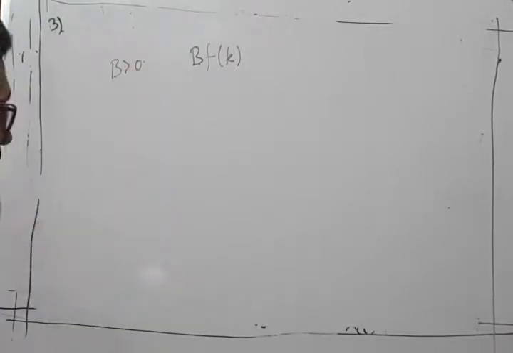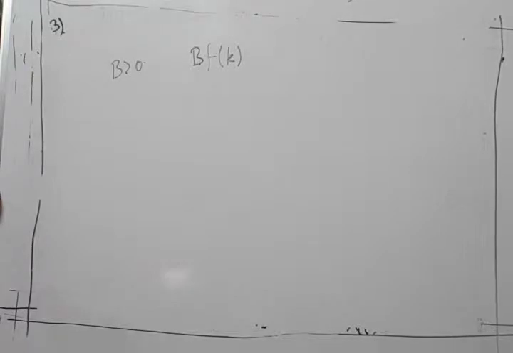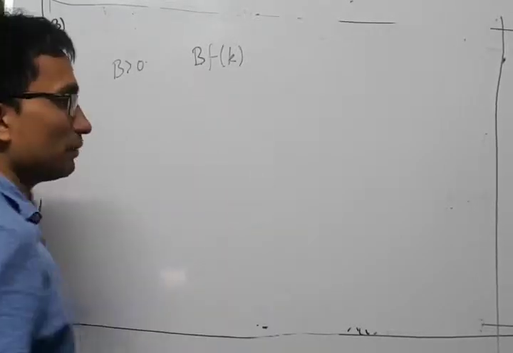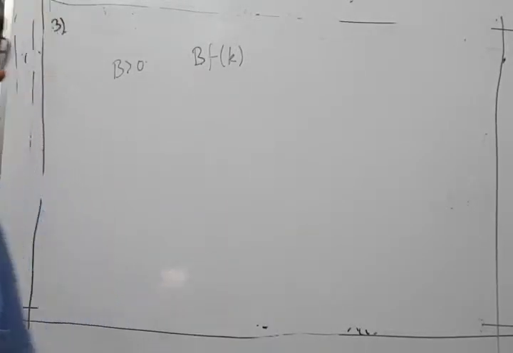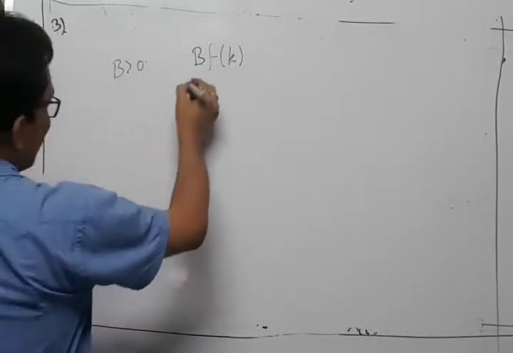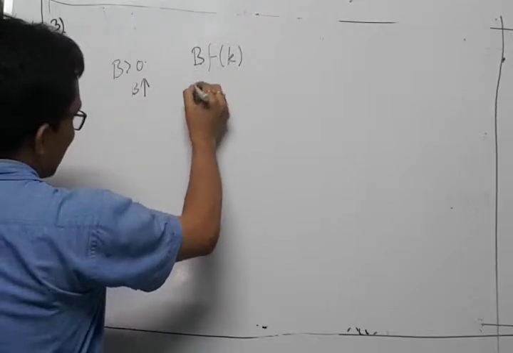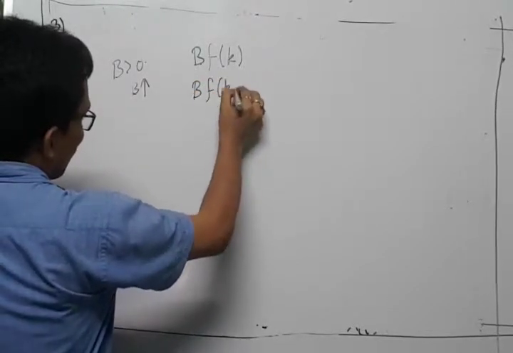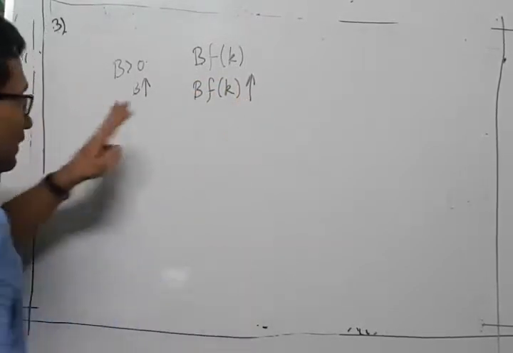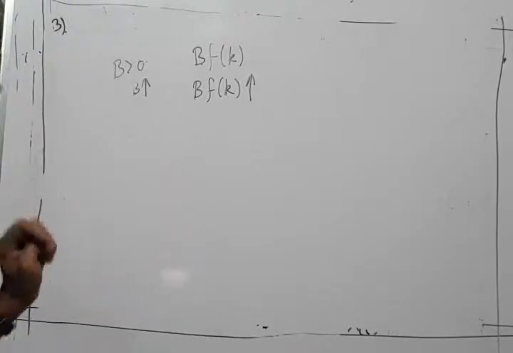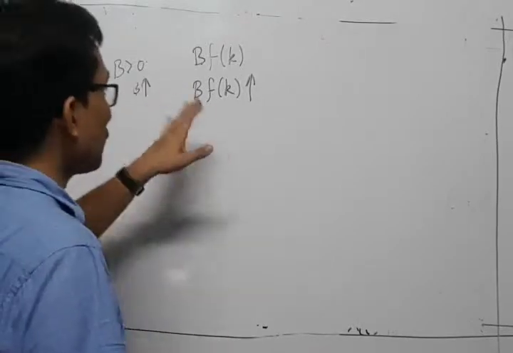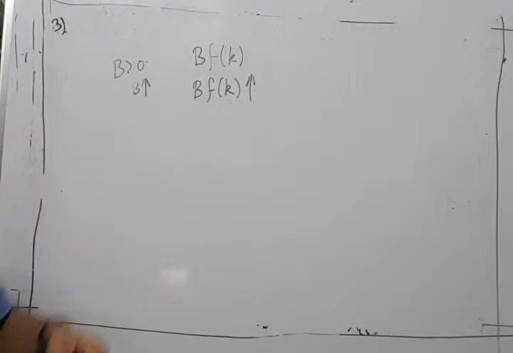Now let us assume that the worker effort is increasing, so that the output per unit of labor for a given value of small k is rising. That means here we will assume that b, which is positive, is also rising, and hence b of f of k will also be rising. So b here is denoting the work level of the worker effort. When the worker effort rises, b also rises, and hence b of f of k also rises.